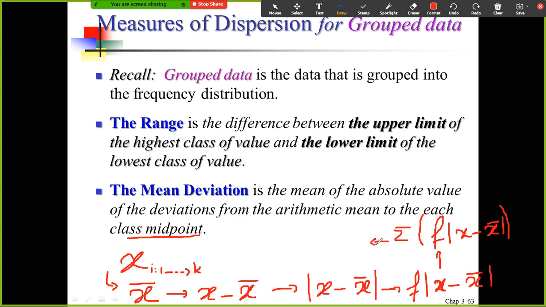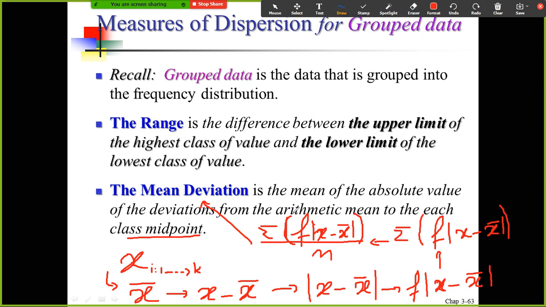And then divide it by n. Okay, I think you can follow me by this step. So this is mean deviation or absolute mean deviation.